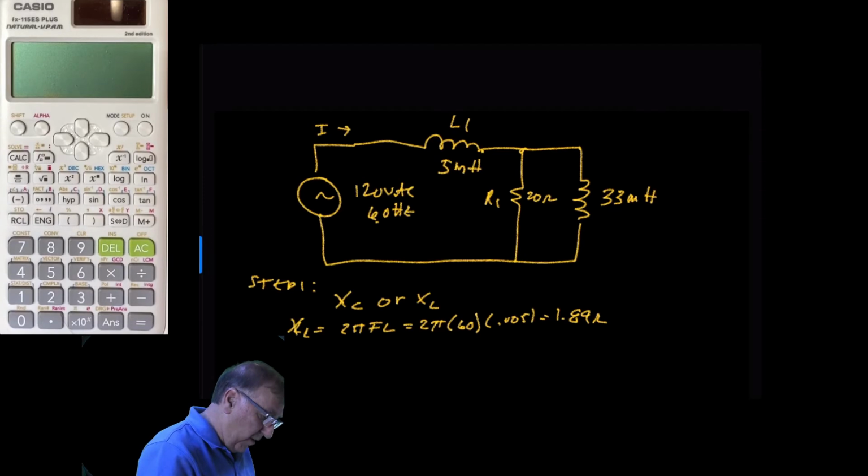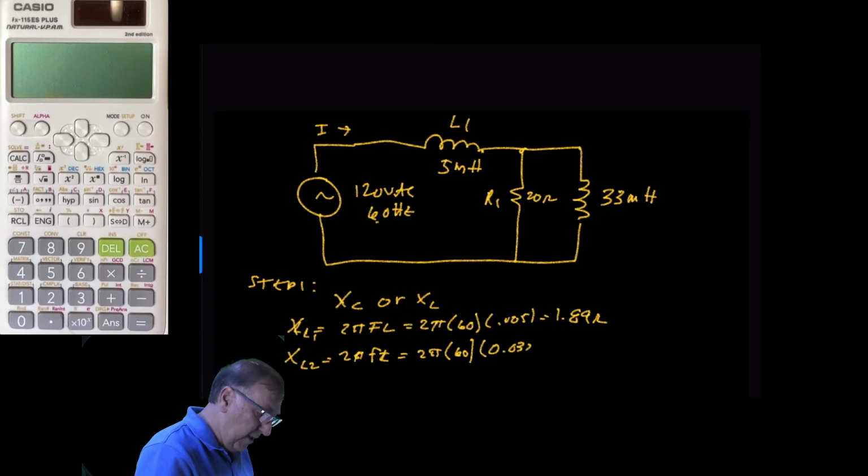So that's L1. The reactance of L2 would similarly be 2 pi F L, and that equals 2 pi times 60 hertz times 0.033, and that equals 12.4 ohms.